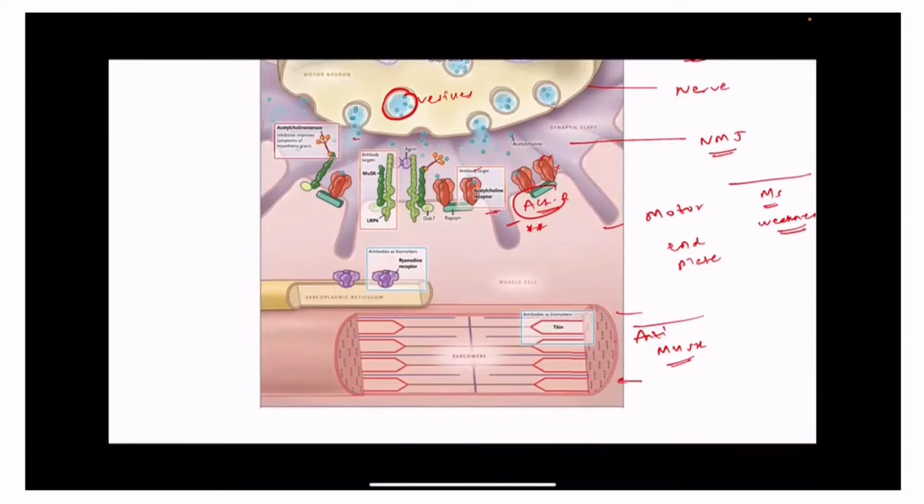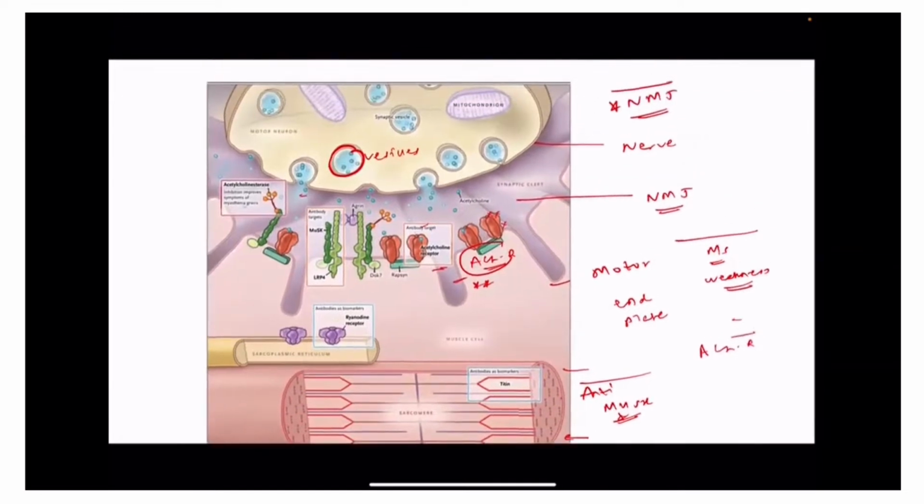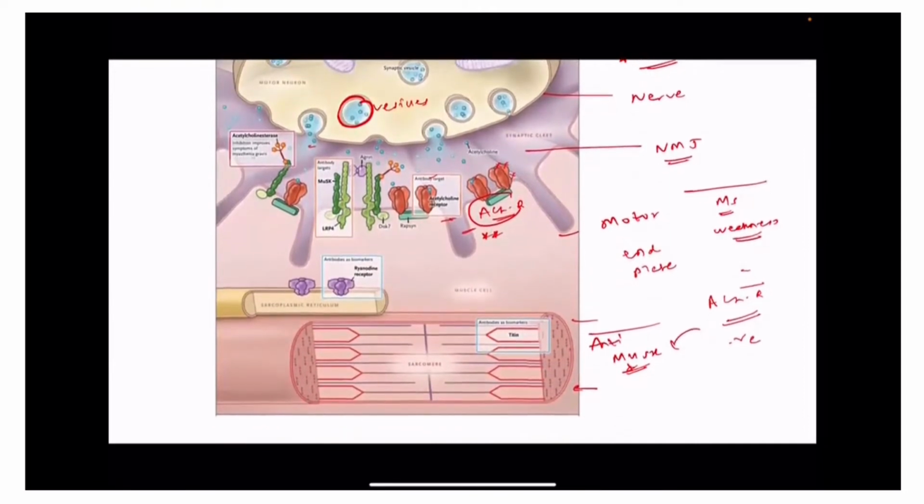So anti-MuSK antibodies are present wherein some antibodies get formed against your muscle fibers. Around 80% of patients who are acetylcholine receptor antibody negative can have these anti-MuSK antibodies positive.